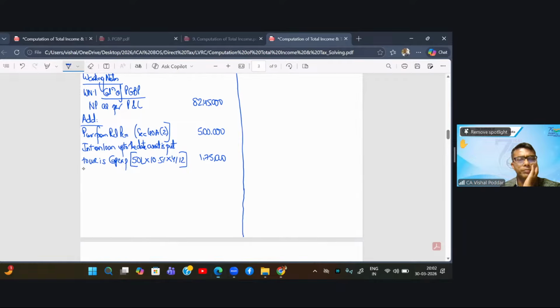Yes, Aditya. And sir, we can take 7 divided by 12, but why do we take 4 divided by 12 per month? See, when I'm multiplying this by 10.5%, is it giving me per annum interest or is it giving me 7 months interest? Per annum, sir. Then I'll divide by 12 only to get 4 months interest. See, had they given me the amount debited to P&L for this interest, let us say the interest amount would have been given in the sum.